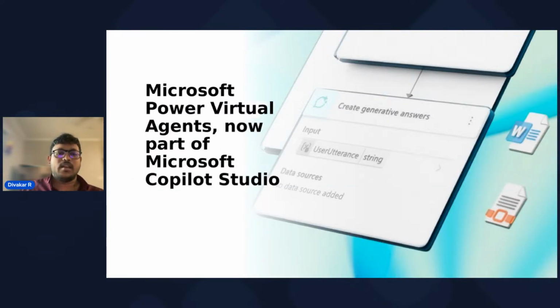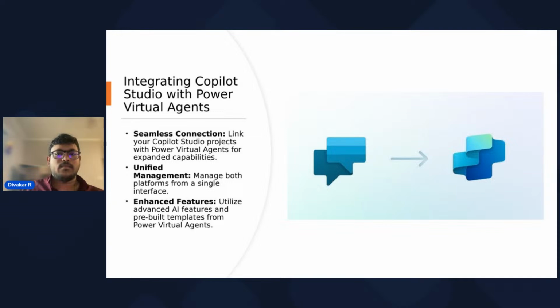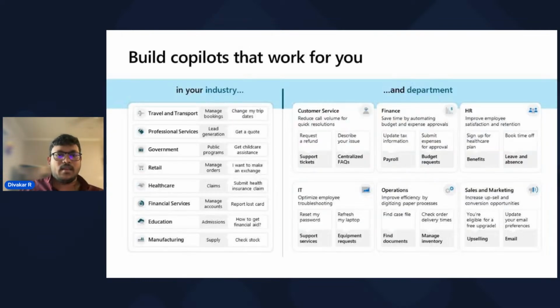Again, this is the flow of how these virtual agents are working. Previously we used to have them as a separate module, but right now they're connected into the Microsoft ecosystem. And yeah, this is how you can build your own copilots.